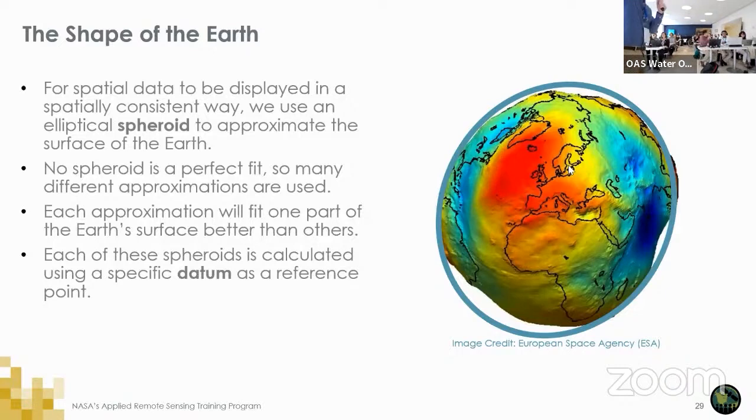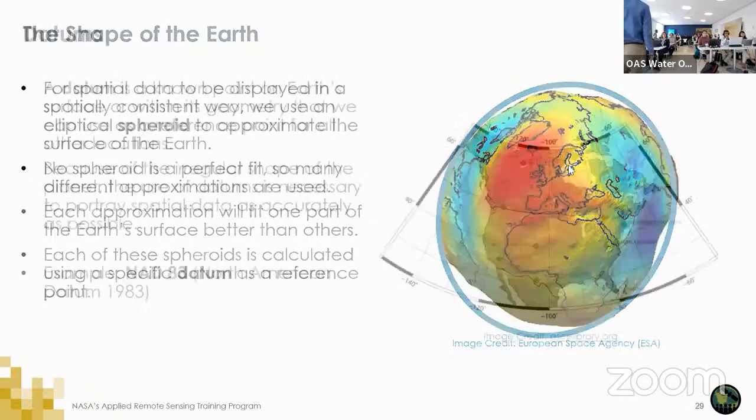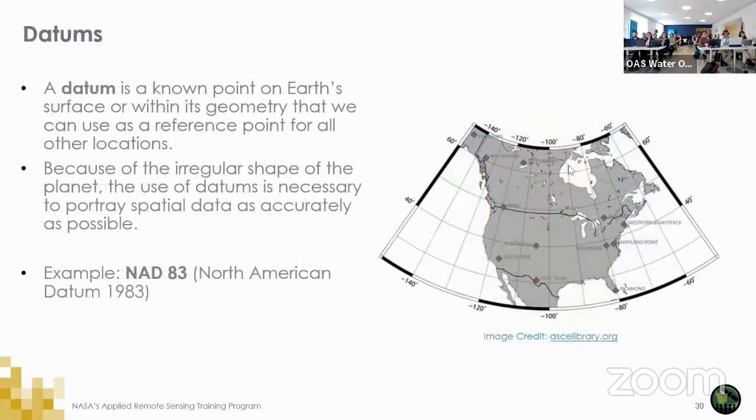No spheroid is a perfect fit, so many different approximations are used, and each approximation will fit one part of the Earth's surface better than others. And I think I mentioned already that they use that datum as a point. So, next slide. Because of the irregular shape of the planet, the use of datums is necessary to portray spatial data as accurately as possible. This is an example of a datum that is appropriate for the United States, or I should say North America, so northern Mexico and Canada.